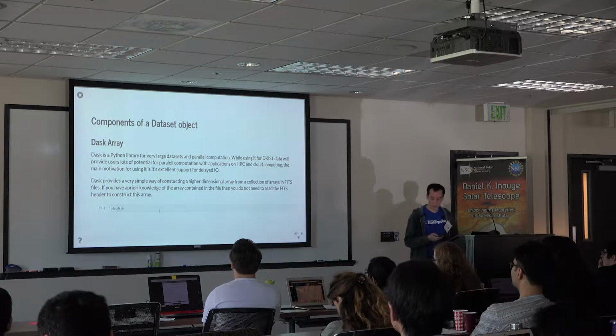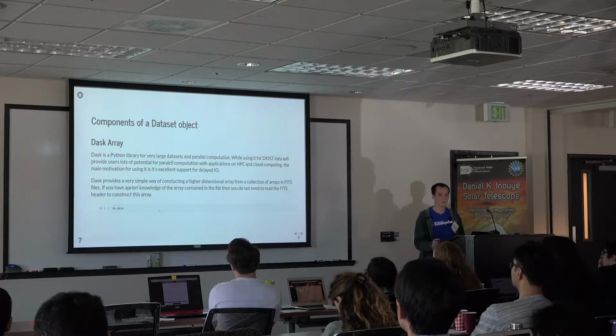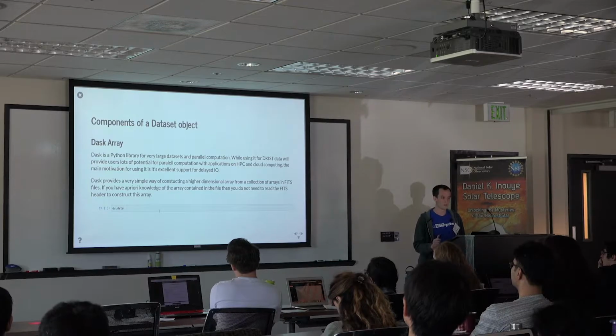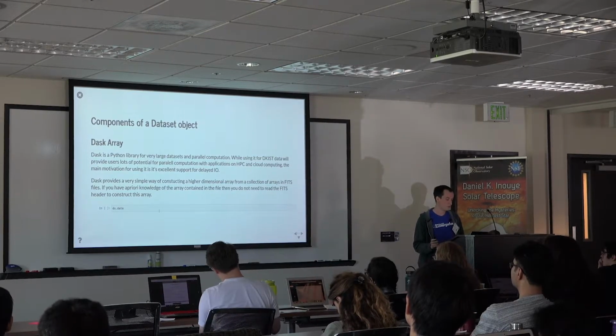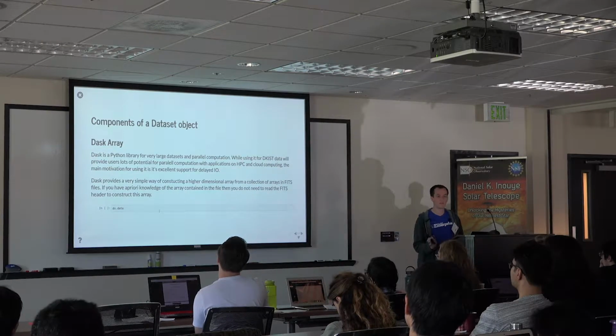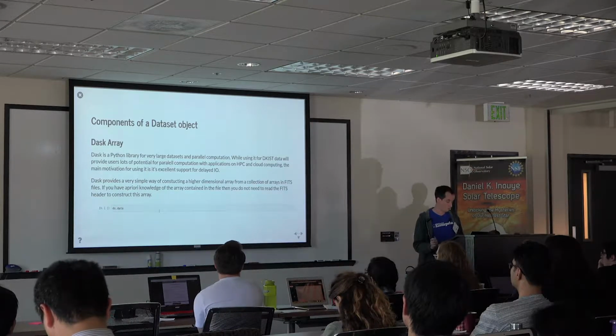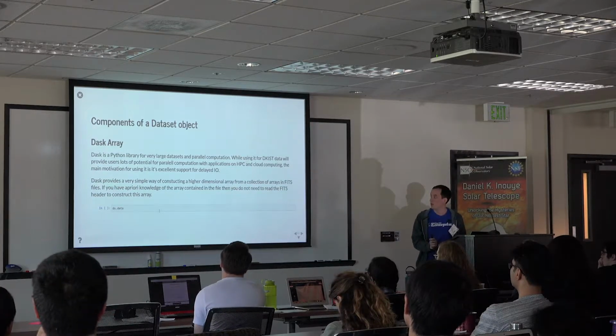Okay, so how do we do the actual access to the data in the FITS file? We use a library called Dask, which I am eternally grateful exists and that I found it, because if I'd had to sit down and write this from scratch, I wouldn't have a demo for you, and I probably would be hugging my knees in a corner somewhere.